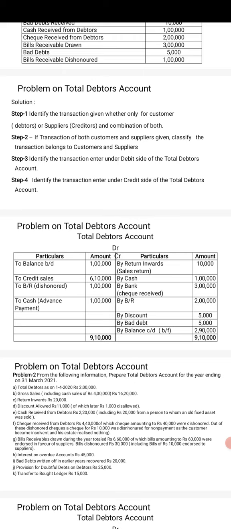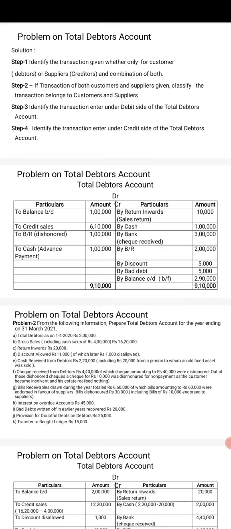Out of this, a check for rupees 10,000 was dishonored for non-payment as the customer became insolvent and his estate realized nothing. See here, by bank you have to write first 4,40,000 minus 40,000, 4 lakh I have to enter. So the remaining 40,000 you have to enter as to bank (dishonored) 40,000.